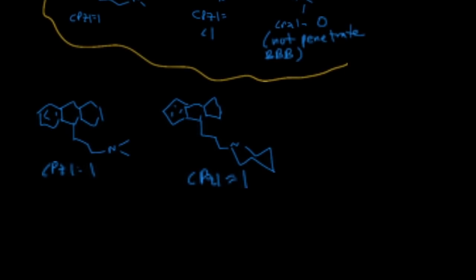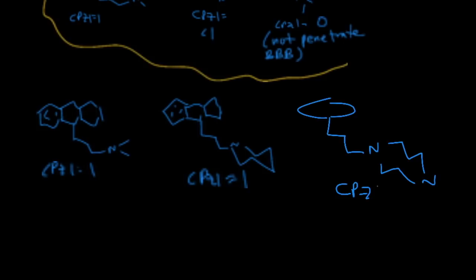So if I'm just gonna draw a blob because I'm too lazy: 1, 2, 3, 3-carbon chain, and here's your piperazine ring, at the end, 2, 3. So your CpZi of this piperazine ring, since piperazines are more potent than piperidine rings, would be greater than 1.